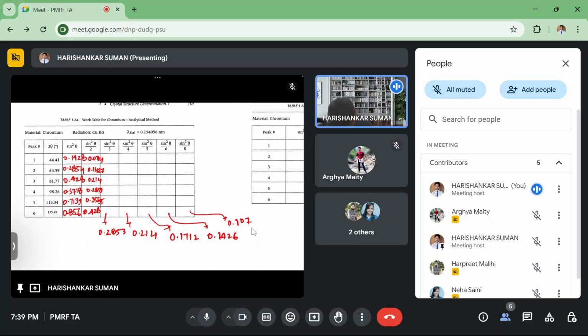Let me calculate first 0.1228, 2, 3, 4, 7, 6.